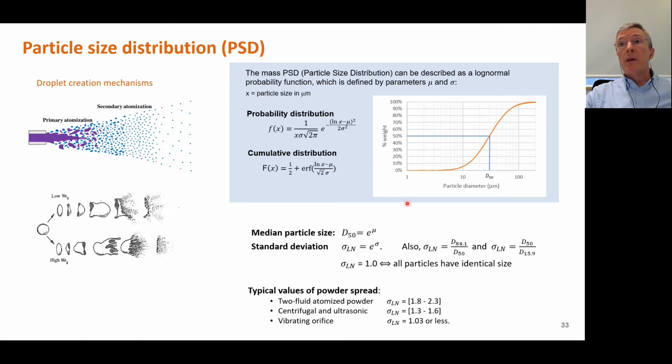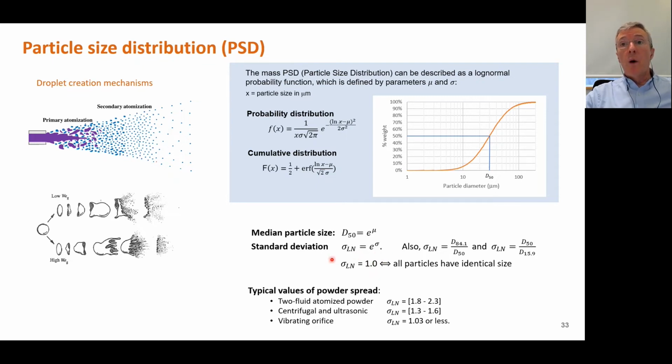The interesting thing is that this is the cumulative distribution, which has an S shape, which is very typical of particle size distributions, and D50 is the median particle size, which corresponds to the 50% weight of the cumulative density. An important parameter, in addition to the median particle size, is of course the standard deviation, which is a measure of the spread of the distribution.